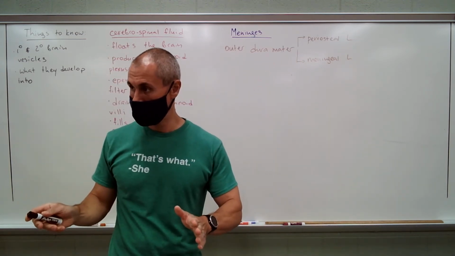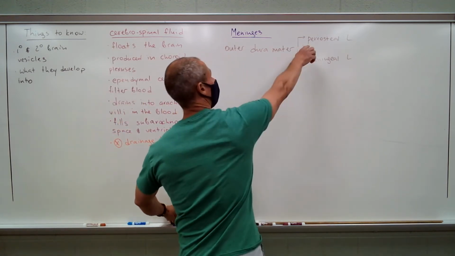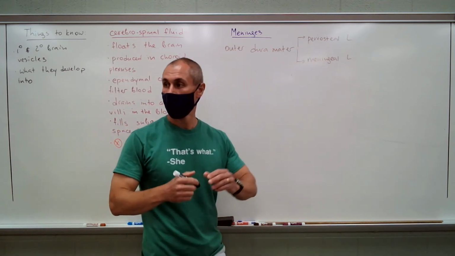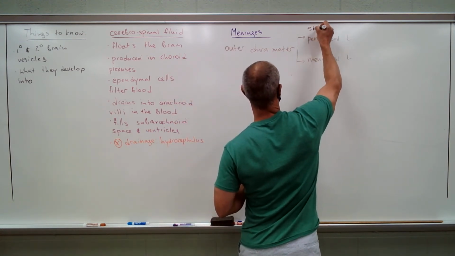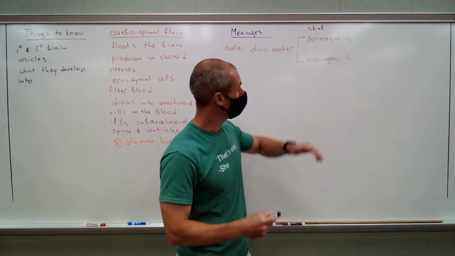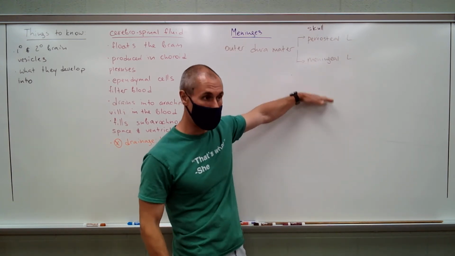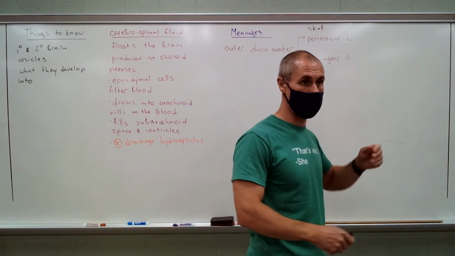Good so far? So what's the difference? Periosteal layer attaches to the bone, to the skull. So the skull is right here. Meningeal layer attaches to the lower layers of meninges, other meninges.